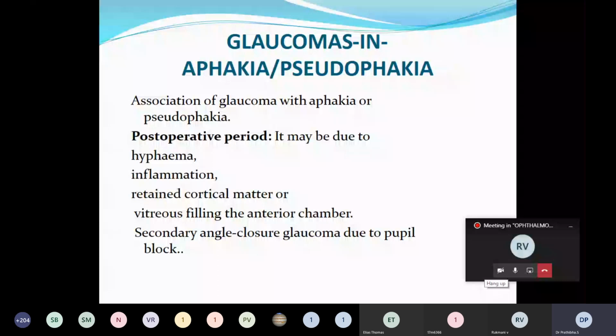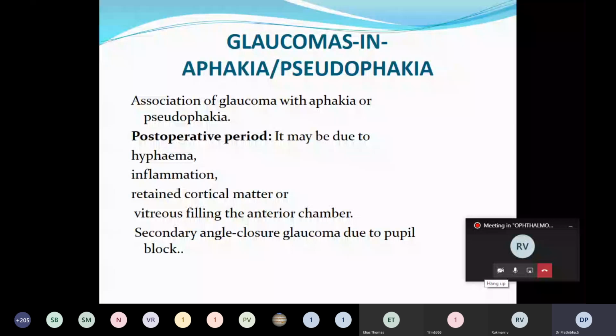Then comes glaucoma in aphakia and pseudophakia patients. Association of glaucoma with aphakia and pseudophakia is in the post-operative period, maybe because of hyphema, a complication of surgery. Hyphema means blood in the anterior chamber, which would have led to raised IOP.